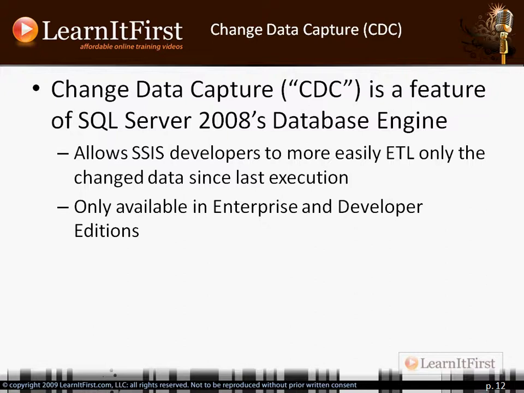So as admins, as the SQL Server DBAs, we can flip on a switch that says, let's turn on change data capture. And then we specify a couple of things here and there, kind of outside the scope here. But what we can then do as SSIS developers is we can hook up to SQL Server and say, I want to get only the changes that have occurred since this specific point.